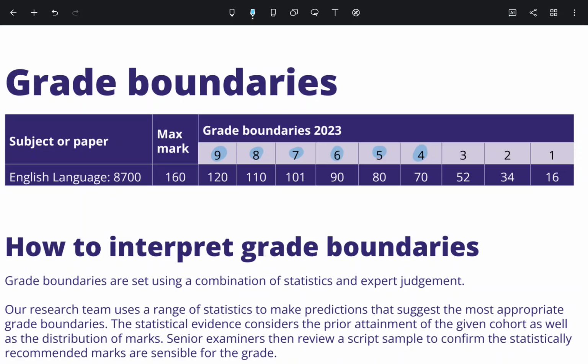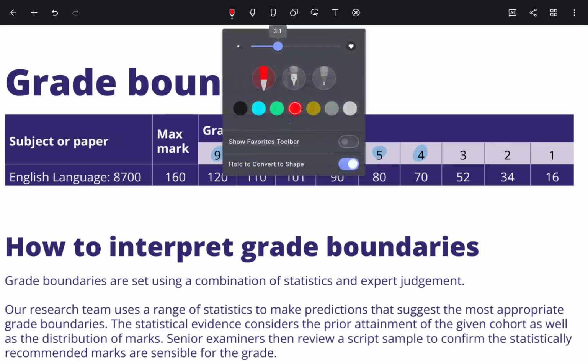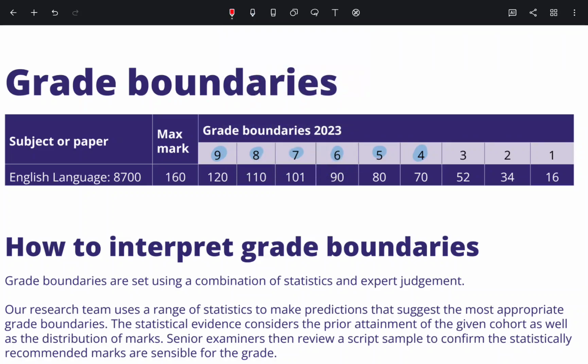So if we do some simple calculations, we can work out how many marks you need in each paper. We know each paper is out of 80. So for a 9, per paper, we literally halve it: half of 120 is 60.